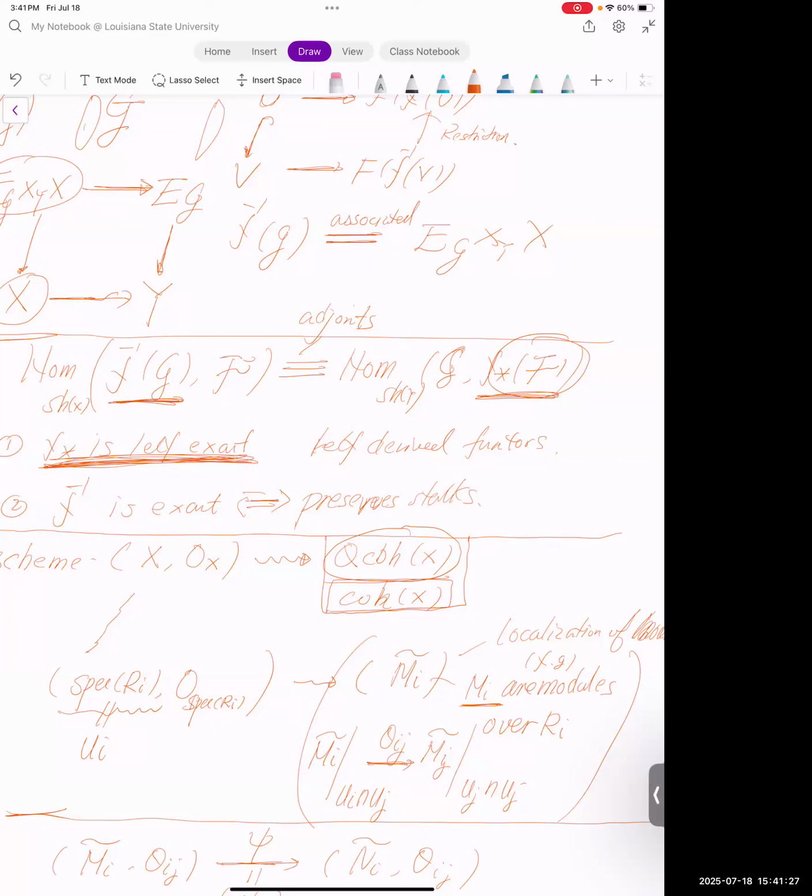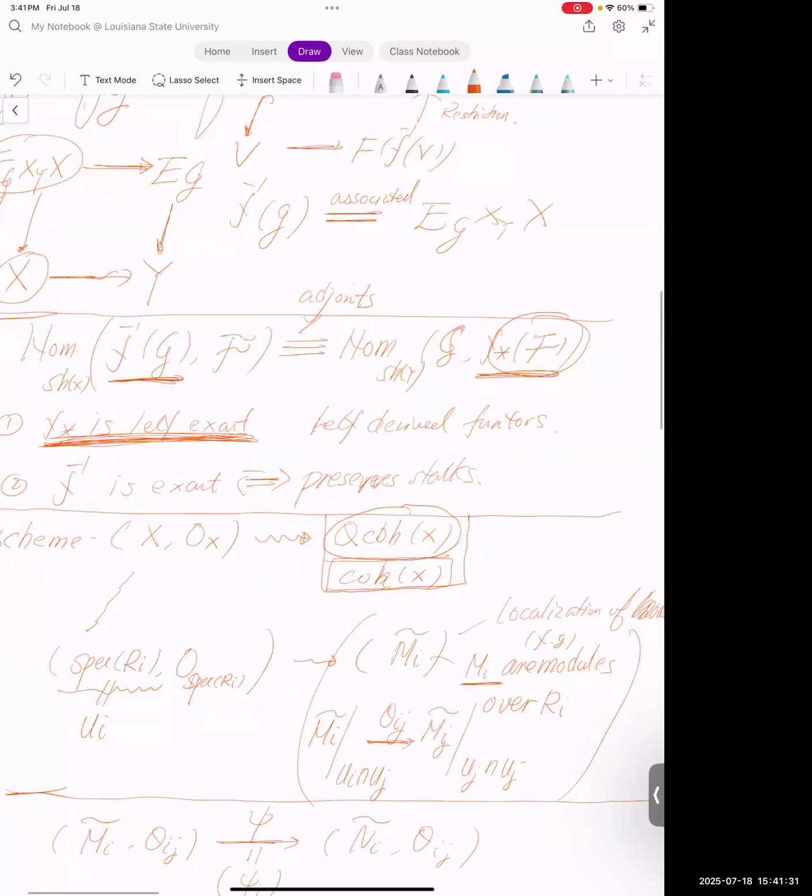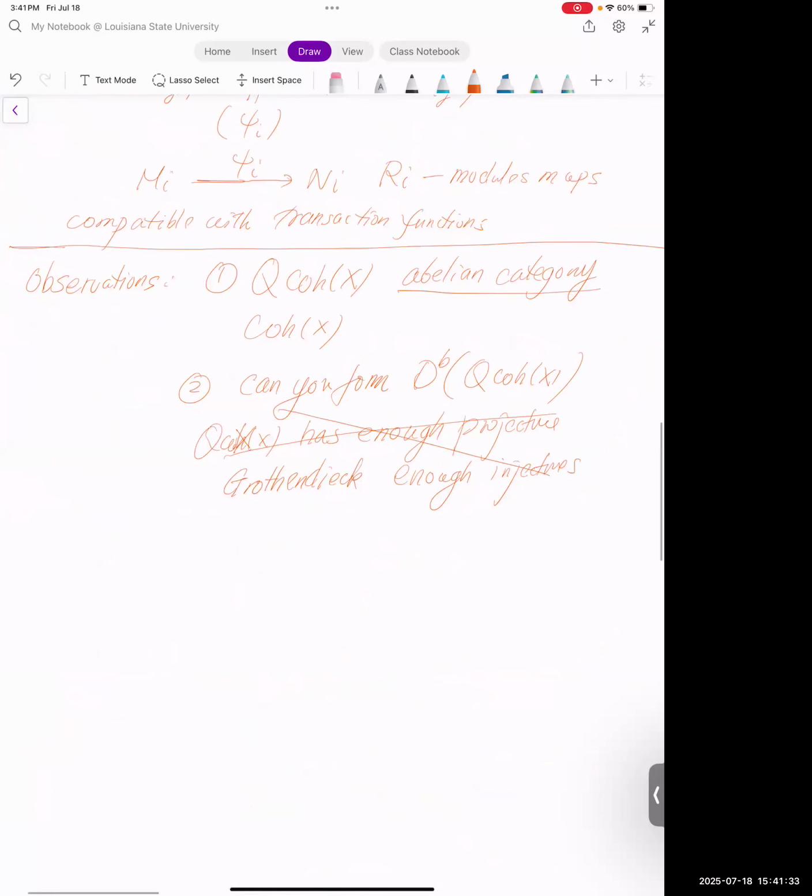Next week, I think Guangyu will tell you a lot about computing these cohomologies. I'm just telling you about the foundations for him so he can run easily. Okay. So that's the representation nature of quasi-coherent sheaves and coherent sheaves on X, and how you can form the derived category because they have enough injectives.